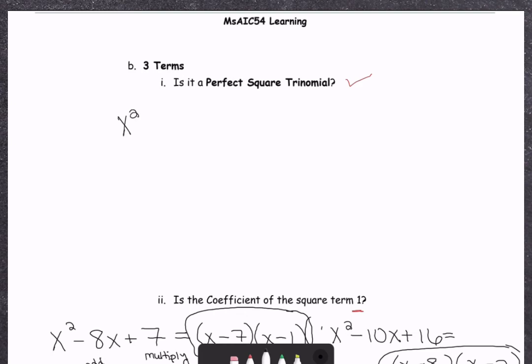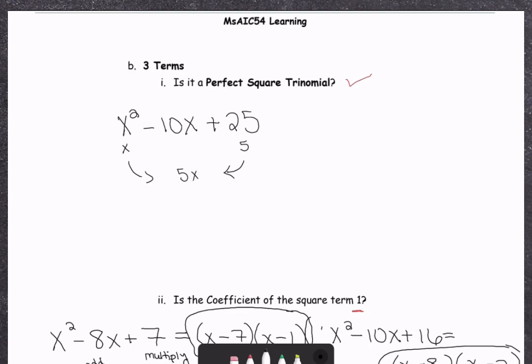X squared minus 10x plus 25. So if you can take the square root of the first term, which is x in this case, and you can take the square root of the last term, which is 5 in this case, and you multiply those two numbers together, you get 5x.